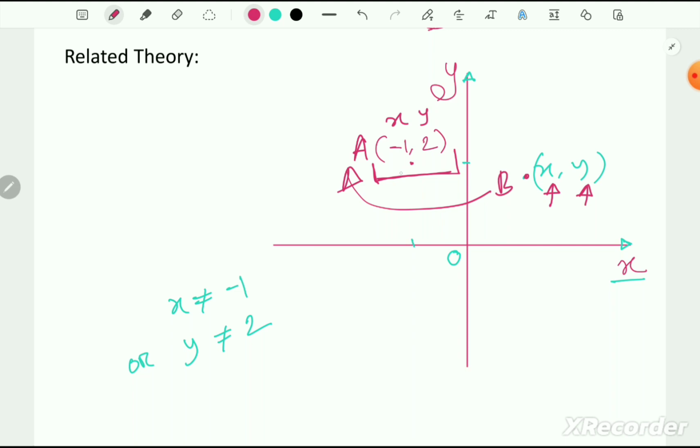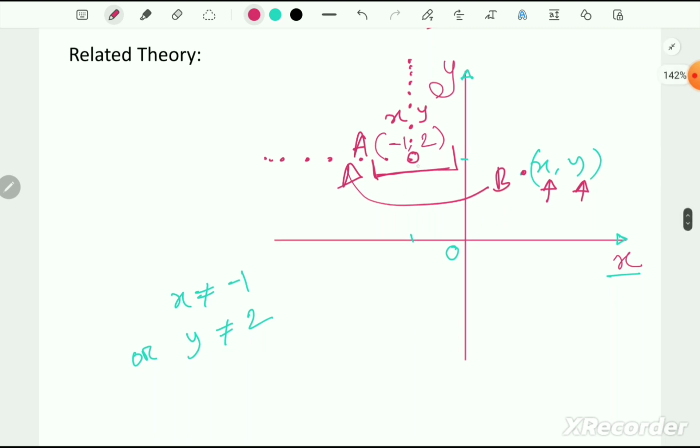If we change x by a negative value, the point will go this way. If we keep x constant and change y in the positive direction, it will go this way. All are different from our (-1, 2).